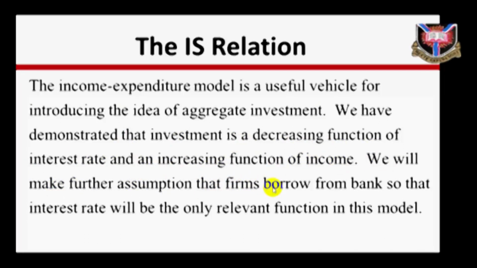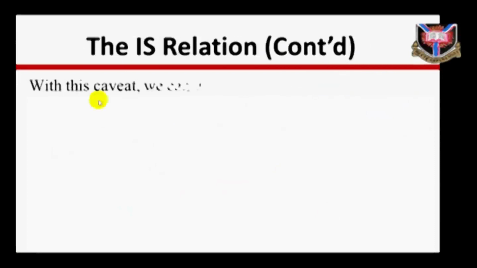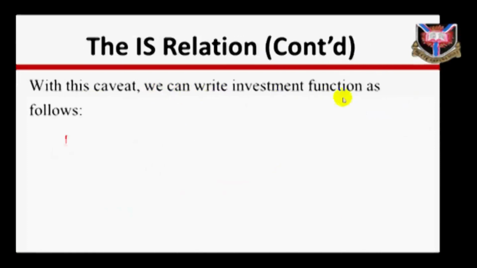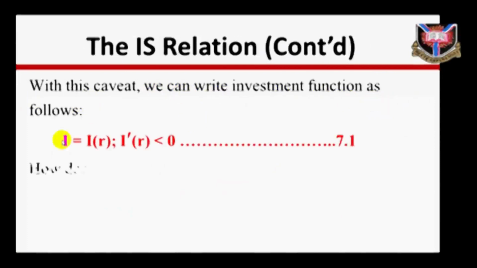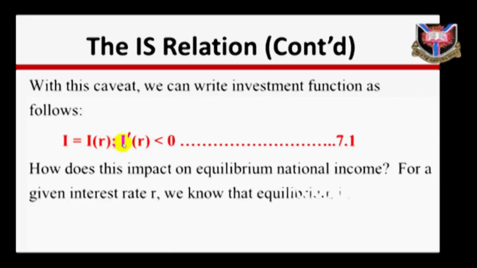We will make further assumptions that firms borrow from banks so that interest rate will be the only relevant variable in this model. With this caveat, we can write the investment function as follows: I equals I of R, or I prime of R, which is less than 0.